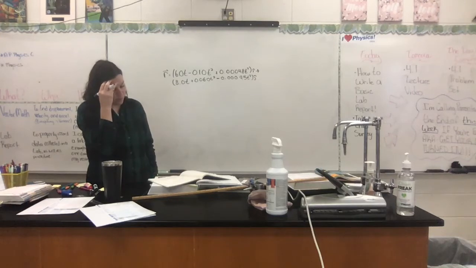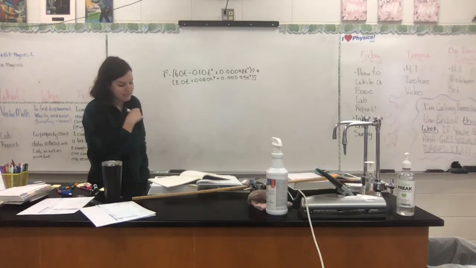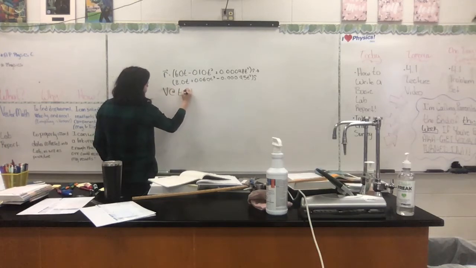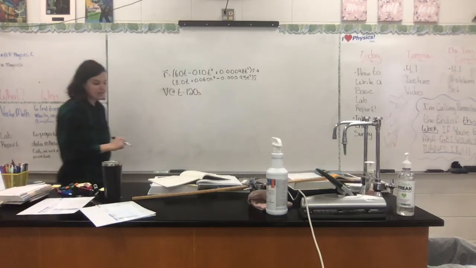Okay, and it says where the y-axis points north, which means it's going to be positive, t is in seconds and r is in meters. What are the car's speed and direction? So that would be its velocity, because you want speed and direction. So what is velocity at t equals 120 seconds?